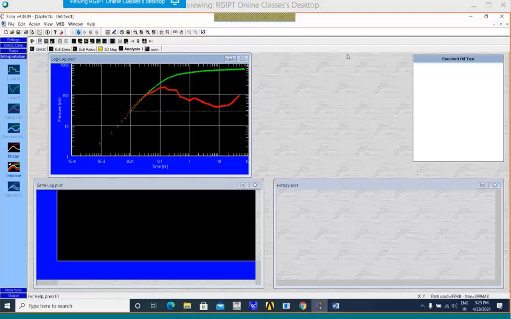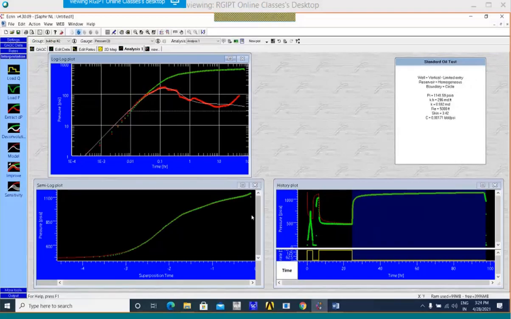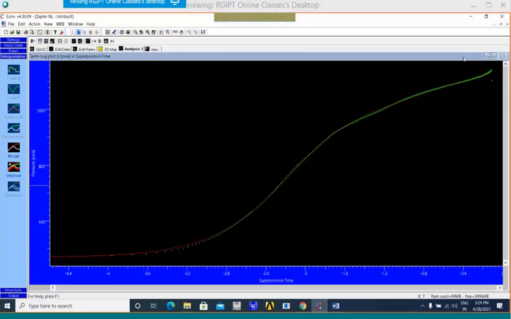It has also given me the RE value, so this time I also know the radius of investigation. It is giving me 5000 feet, permeability 0.592, but again, because I'm not getting the best fit, I can make changes in the model again. If I find some improvement in the graph, some match, I will take this.